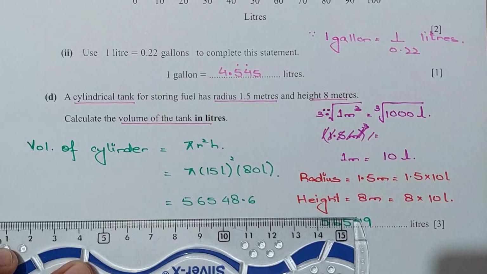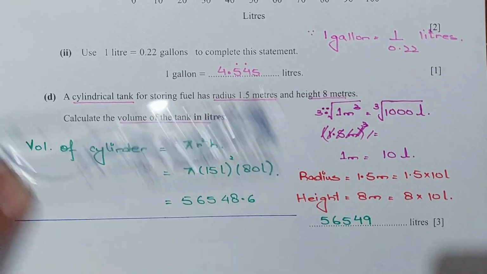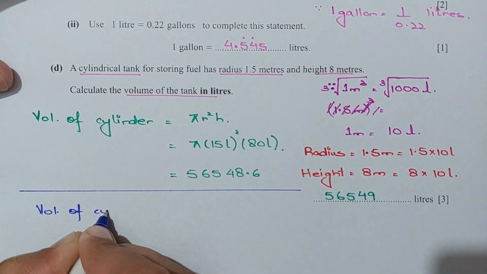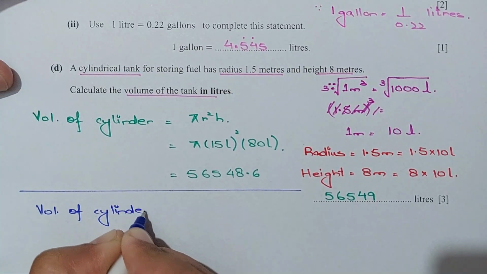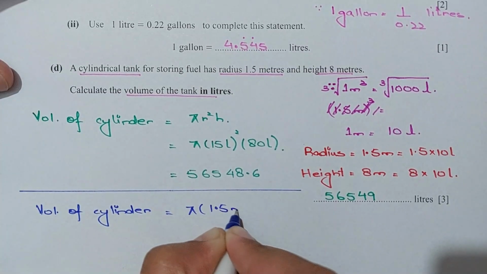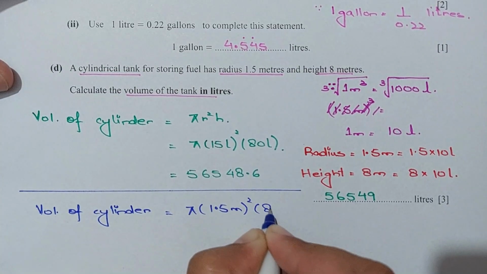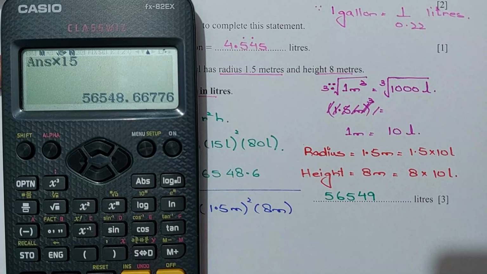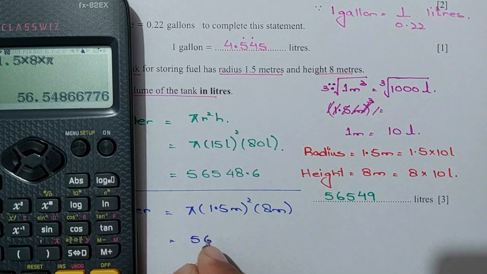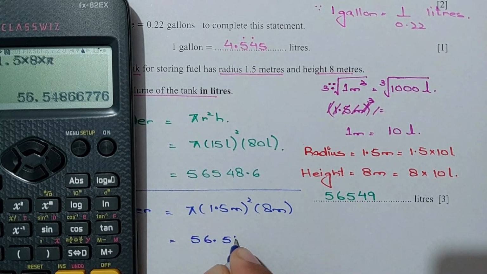Let me show you that way as well. The other way is we have the volume of the cylinder, which is pi r square h, right? Pi, the radius is 1.5 meters squared, and the height is 8 meters. So simplify 1.5 times 1.5 times 8 and times pi. It's 18 pi, or 56.55 cubic meters.